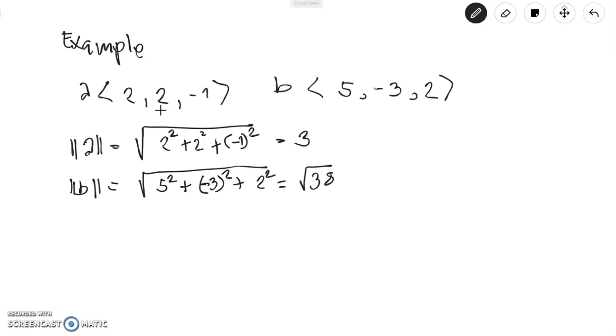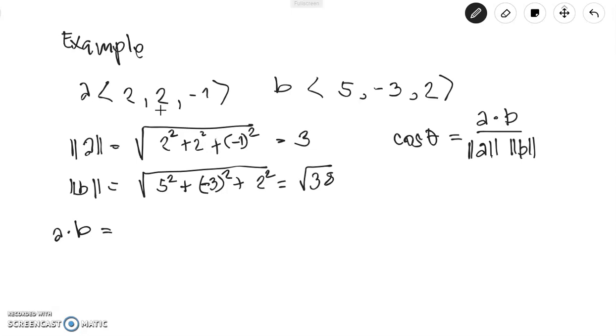So what is the angle between the two vectors? Cosine theta is equal to the dot product of A and B over the magnitude of A and magnitude of B. So we have to find the dot product first.